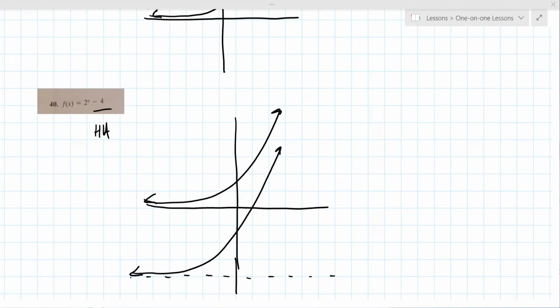This one's to the right, 4. Increasing growth. All right. Next is 47 through 55 odd.